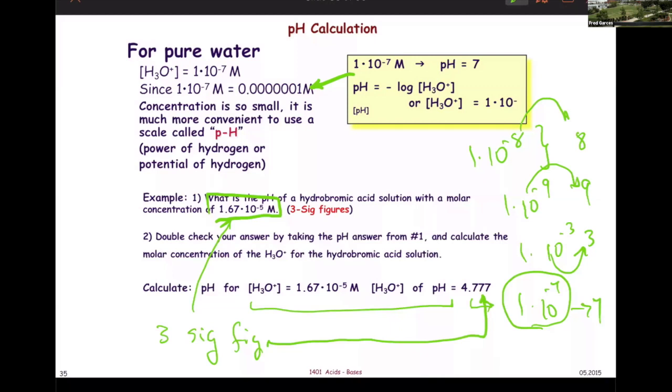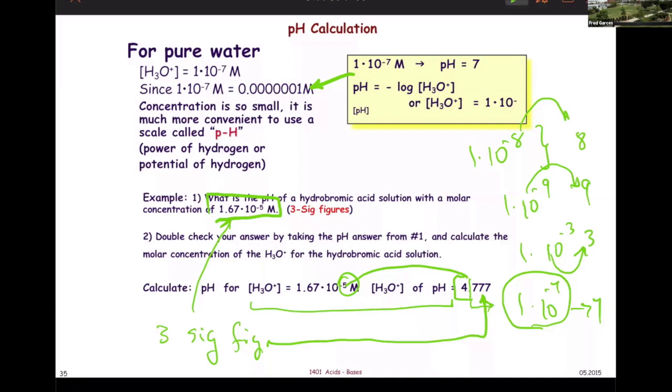That'll give you 3 significant figures because this 4 right here is a reflection of that exponent. That tells you the magnitude. So whenever you're doing a pH calculation, look at the concentration, count the number of significant figures, and that's how many digits you should have after the decimal point.